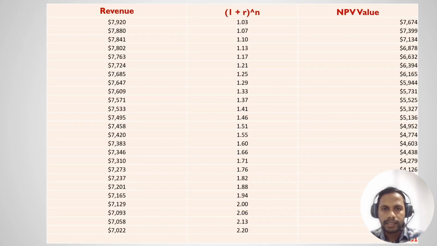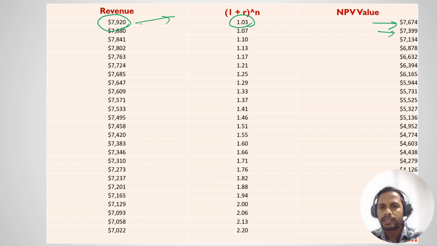You can do this in Excel, but I'm not sharing the Excel sheet because it's a waste of time. This is your actual revenue, 7,900 in the first year, and this is 1 plus R. We calculate that, and the value is 7,674.